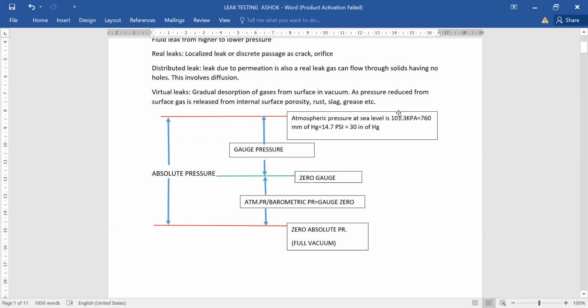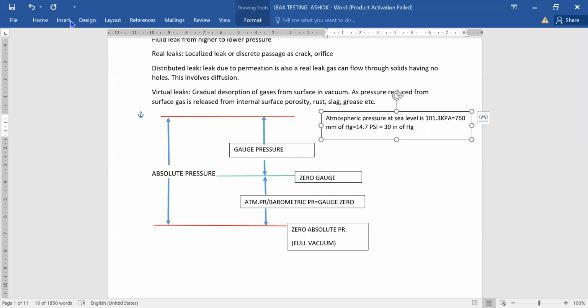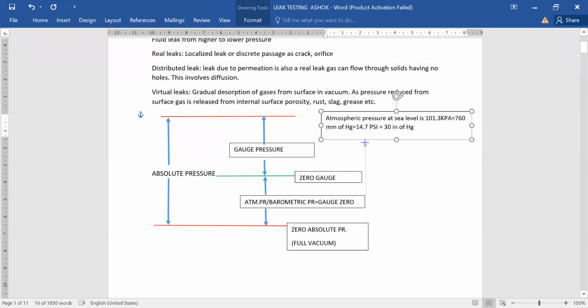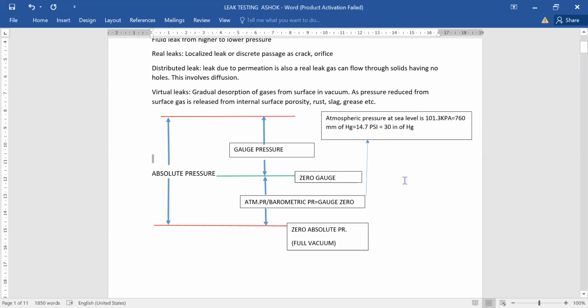So gauge pressure plus this, 101.3 kPa, 760 mm of mercury, 14.7 psi, 30 inch of mercury, at sea level.